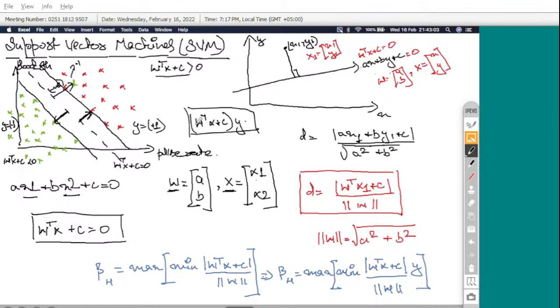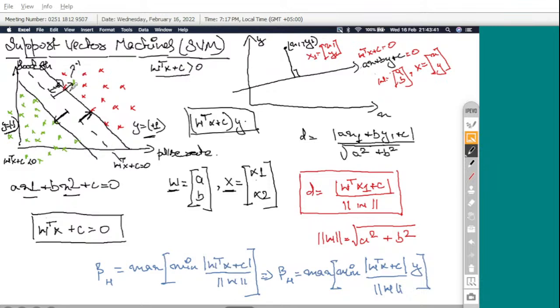If we calculate W transpose X plus C into Y, because we had already discussed that the label of the green observation is minus 1 and the label of the red observation is plus 1, it will calculate this distance as negative.